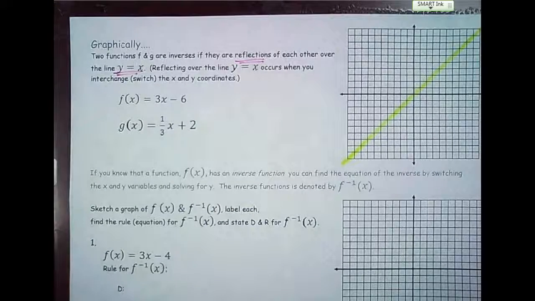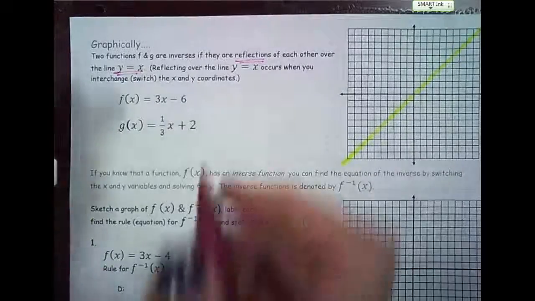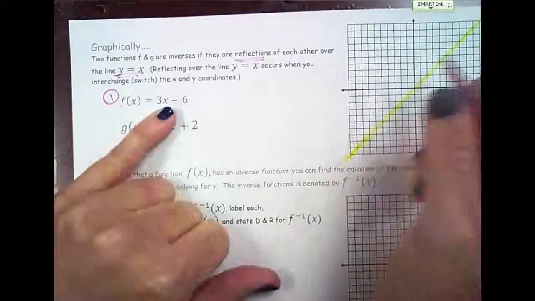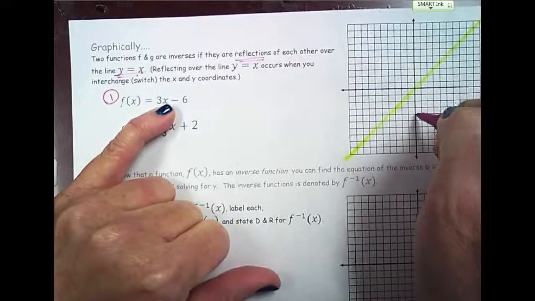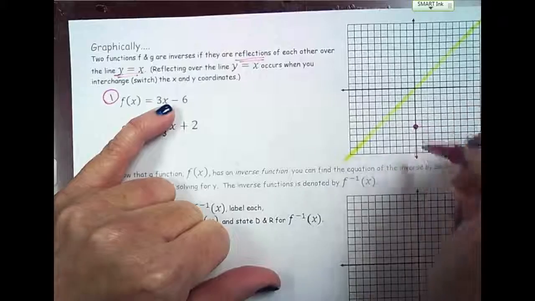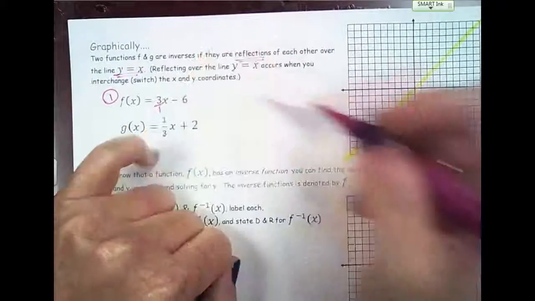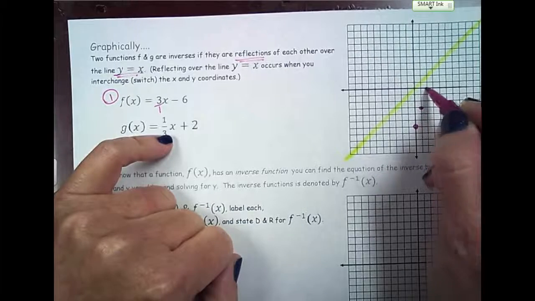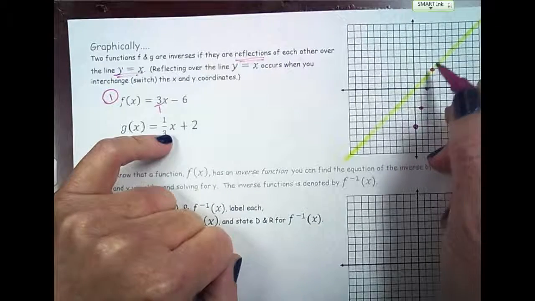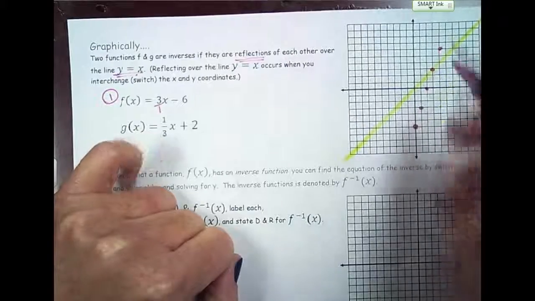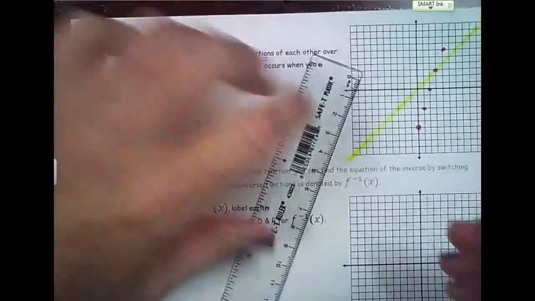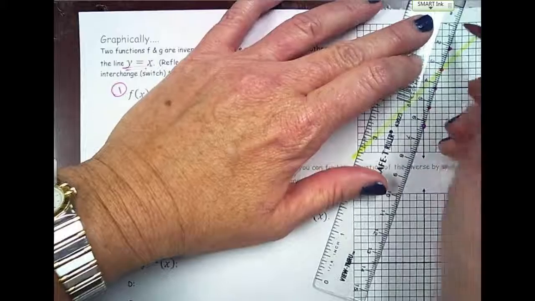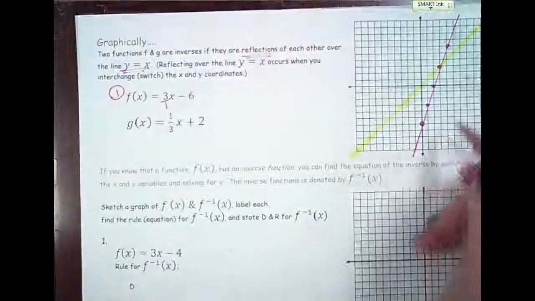Right, and then let's do me a favor, graph both. And if you can, in different colors, that might be easier. So I'm going to graph the first one, line 1. We're going to start at -6. And I have a slope of 3 over 1. So rise 3 over 1 and so forth. If you aren't using 2 different colors, then you might just label them line 1 and line 2.